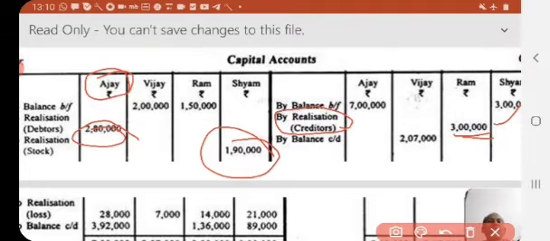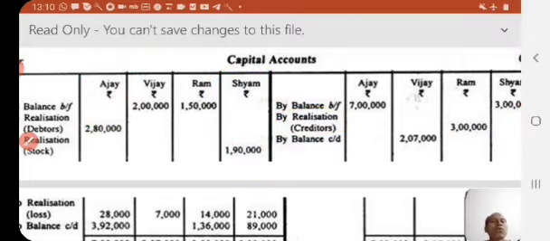Capital account debit to realization account, stock is taken by Shyam. Clear? Shall we move further? Okay, shall move.